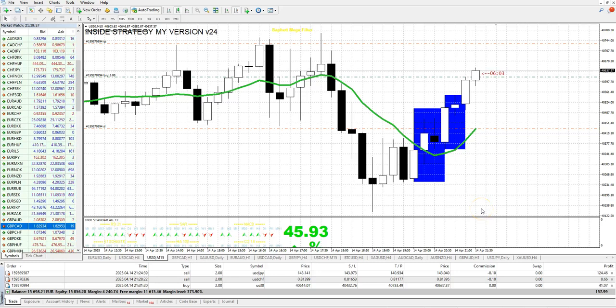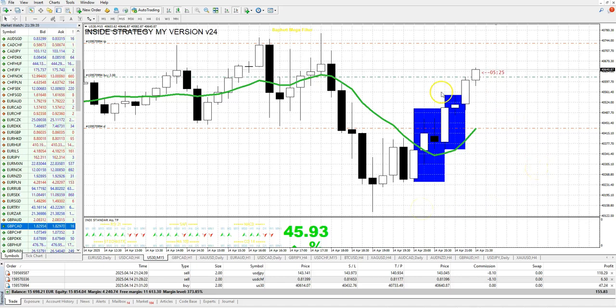Also here, another one, you have a blue box, one and second one, you are waiting for it to break. And after the open of the next candle here, I was also late, you need two confirmations. The first one is that it is over the moving average, and this should be in green, in my experience 60% or higher, but it depends.